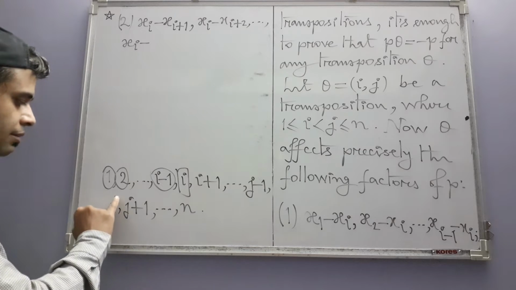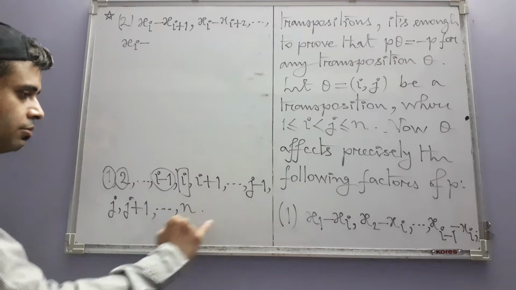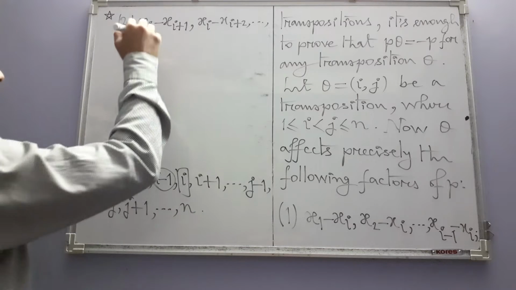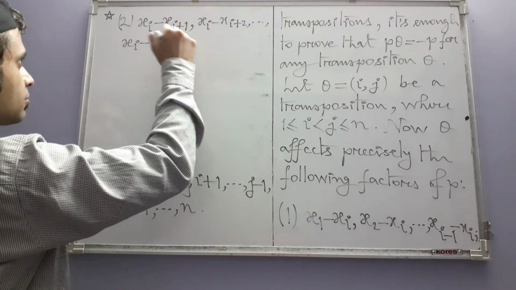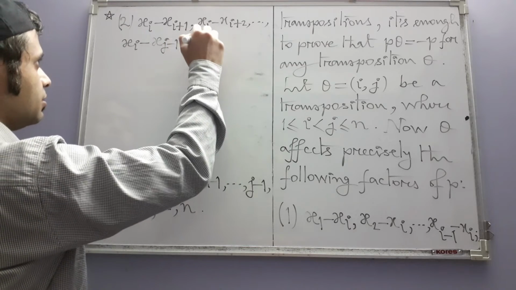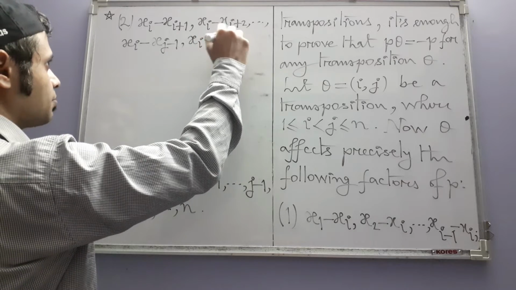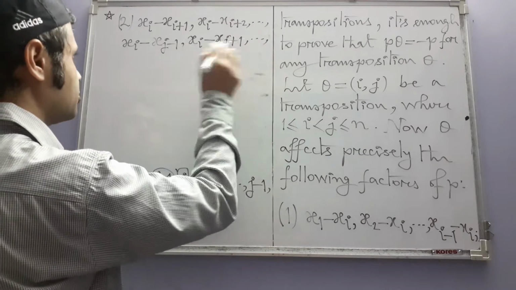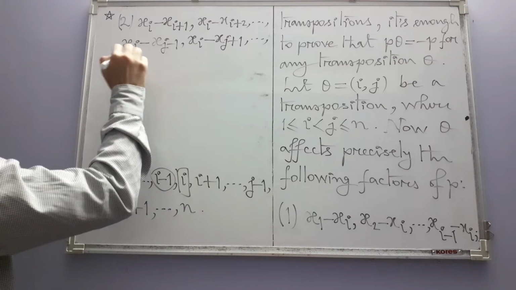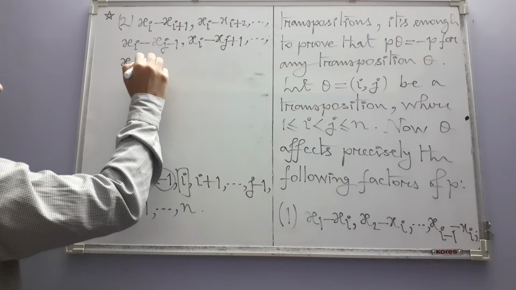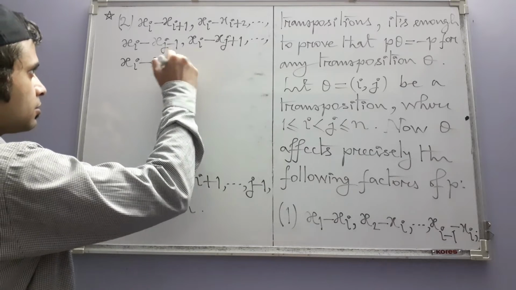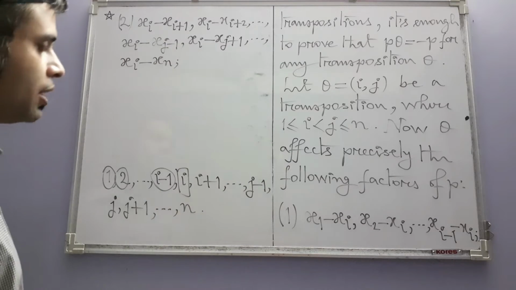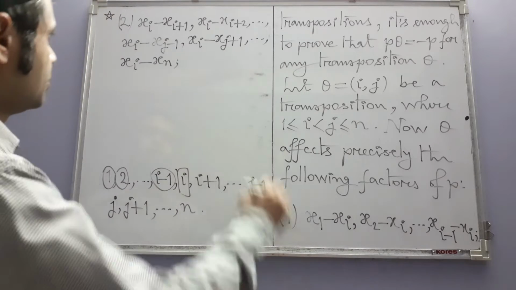So we have to carefully not consider the factor xi minus xj. So at some stage we will have this, and then xi minus xj plus 1, and then of course xj plus 2, those things will come, and ultimately we get xi minus xn. Okay.